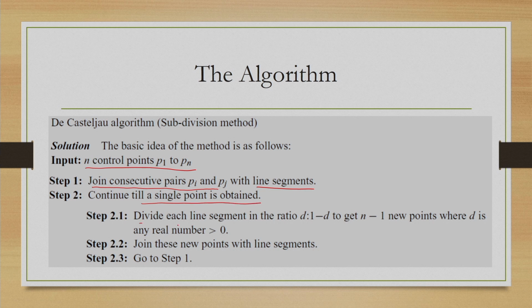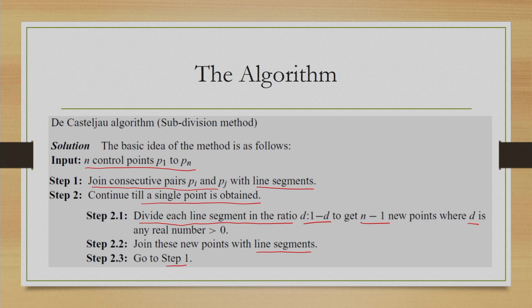We first divide each line segment in the ratio t is to 1 minus t to get n minus 1 new points, where t is any real number greater than 0. Now, join these new points with line segments, and then we go back to step 1. So, this is kind of a loop.